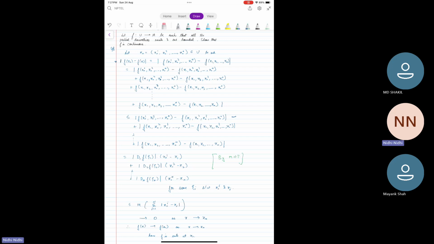So these are actually, we can consider these to be n different functions of one variable, the way I defined f i earlier in a similar way, and then we are applying the mean value theorem.